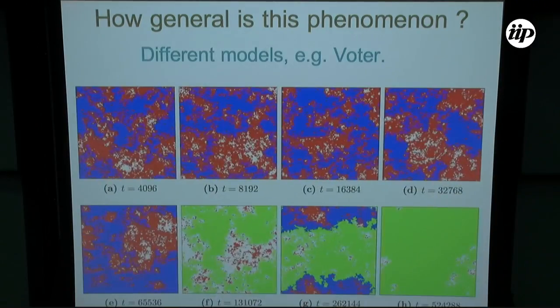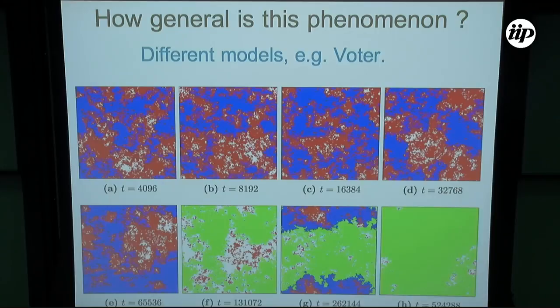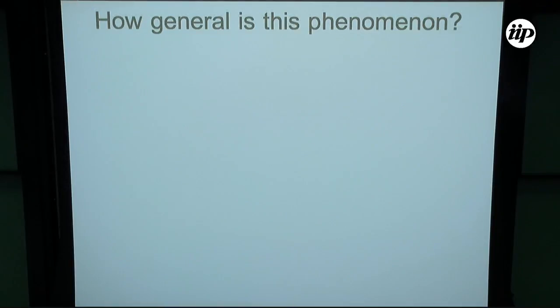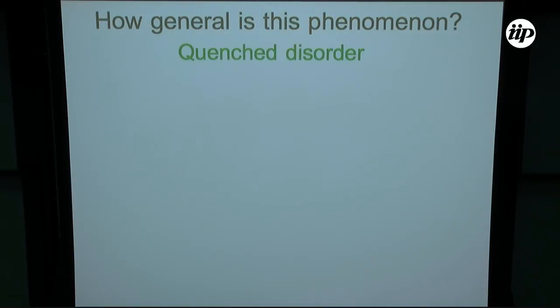Also, you can check with different models, like the water model, which I don't have much time to go into, or with the addition of some quenched disorder. So you can take your Ising model, this one, and you can let your coupling constant be random. Of course, random, but still ferromagnetic, because you want coarsening.